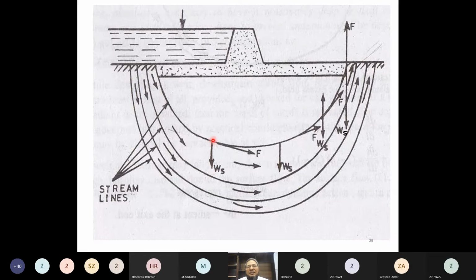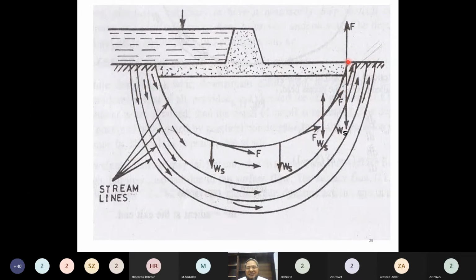If we consider a soil particle, then this would be the submerged weight, which is in the downward direction. But at another point, this tangent would be the direction of seepage force.